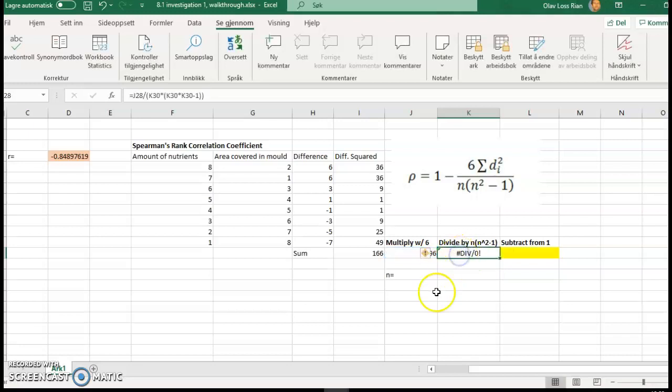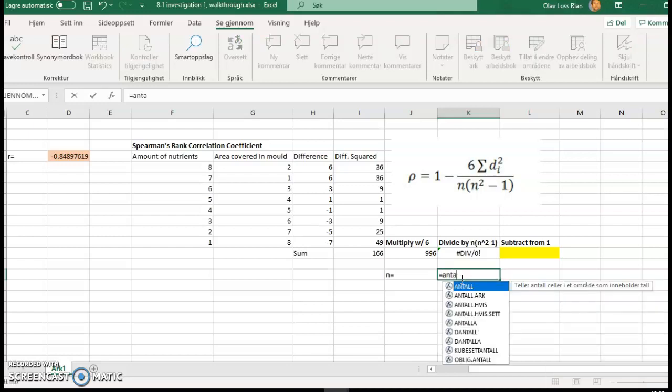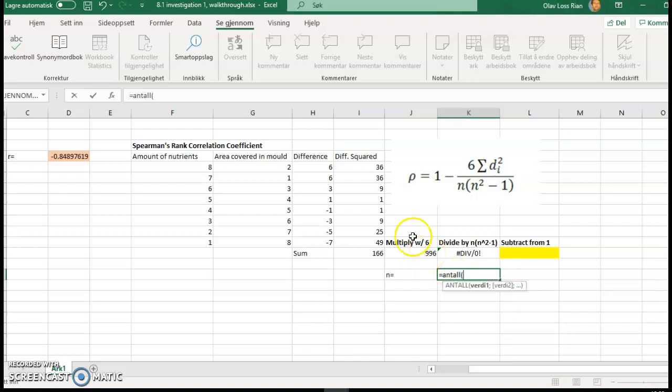Now, if you don't have a number down here, it's going to be a mistake here. But the n is the number of numbers. That was count, wasn't it, in English?